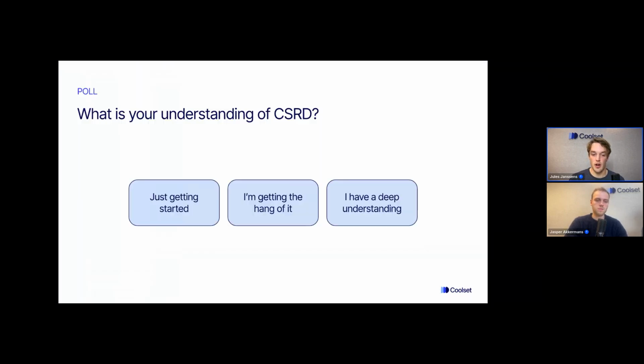So CSRD and ESRS, what are they and what are the differences? Before we start, to get a glimpse of where you are currently standing, we have a question about what is your current understanding of CSRD? We'll launch a poll. If you could please answer, that will help us get an idea of where you stand.